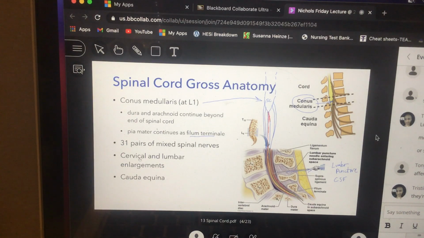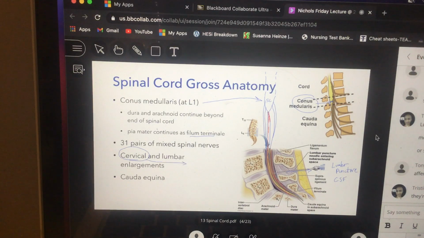The spinal cord is a little bit larger in the cervical region and larger in the lumbar region, mostly because it contains a lot more cell bodies of motor neurons for the upper and lower appendages.